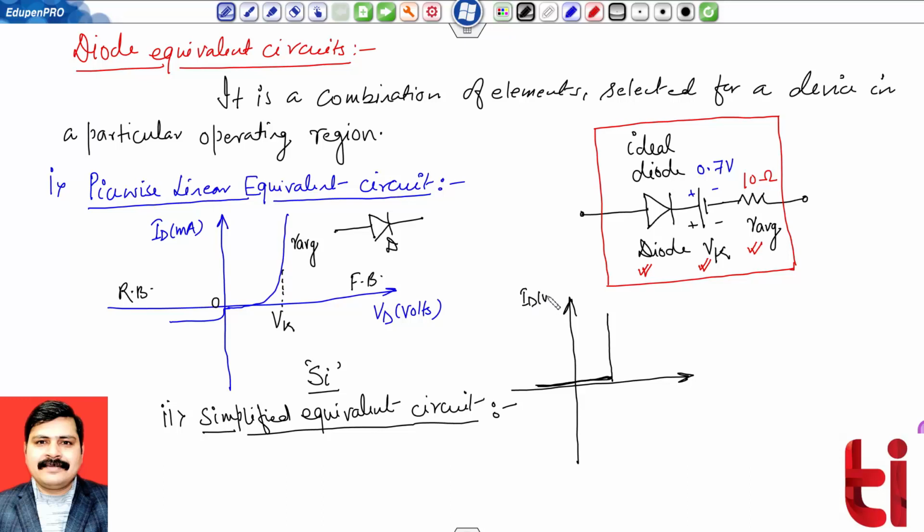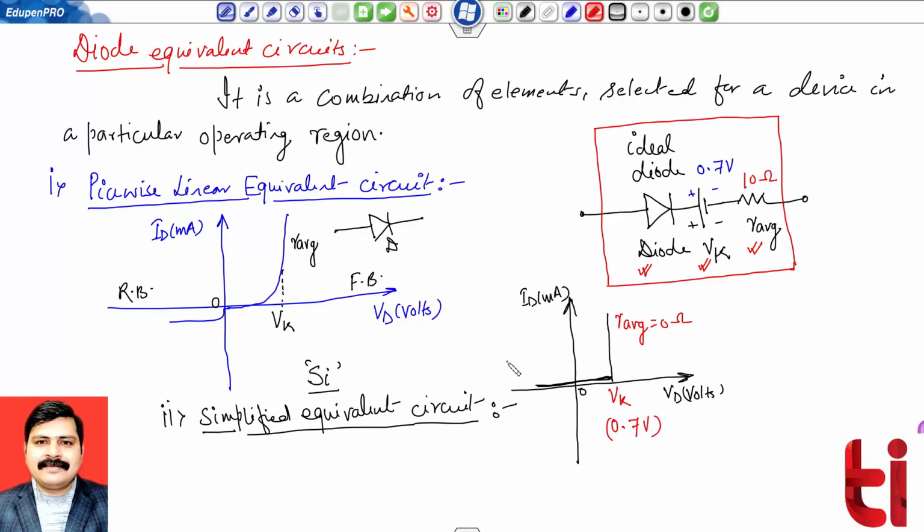This is my ID in terms of milliampere, VD, volts, the zero level, and now you can check from here, the value of R average will be 0 ohm as it is having a vertical line, but Vk is still there, considering the previous case of silicon, so it should be 0.7 volt.